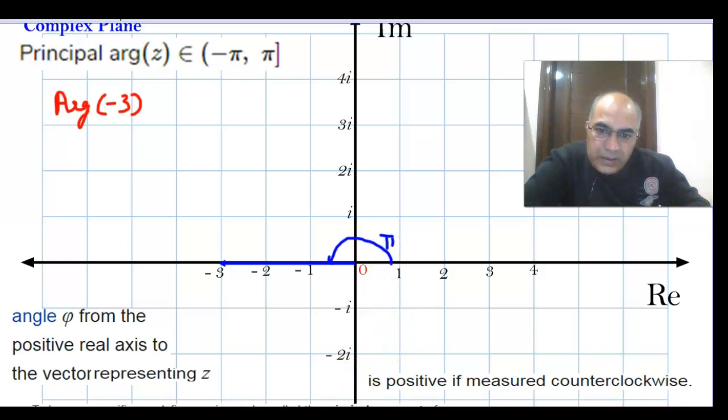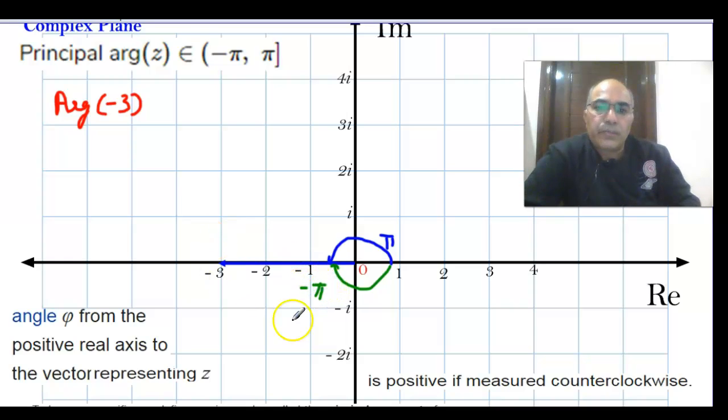And from the clockwise sense, it is making an angle of again pi, but with a negative sign. So the principal value of argument of minus 3 is pi, as it includes in this interval.